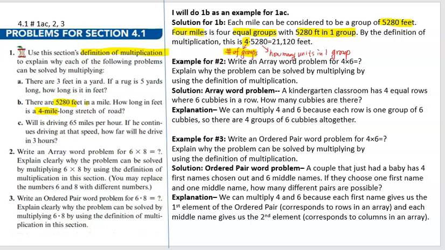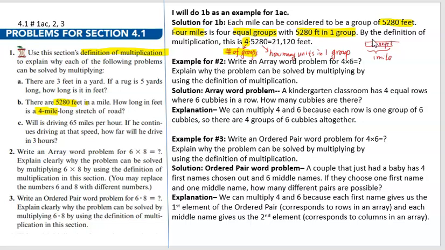If students still have trouble understanding this, you can even use math drawing to help them. You can draw a strip diagram. So this is, let's say, 1 mile, and that is equal to 5,280 feet.